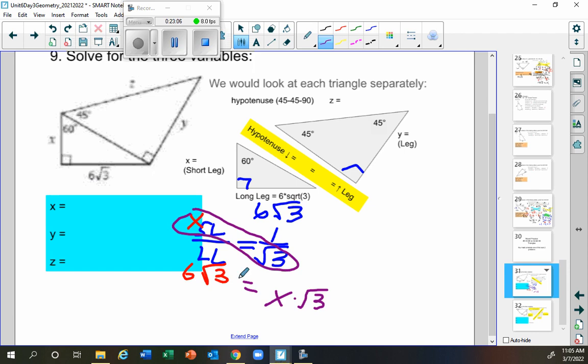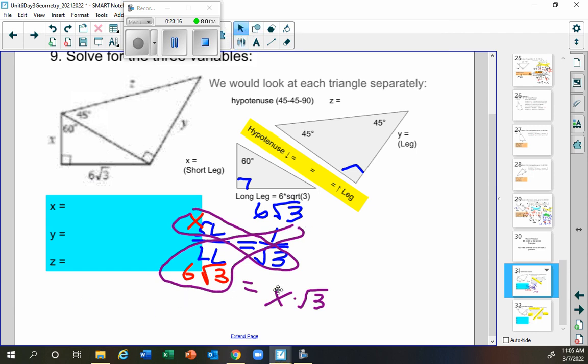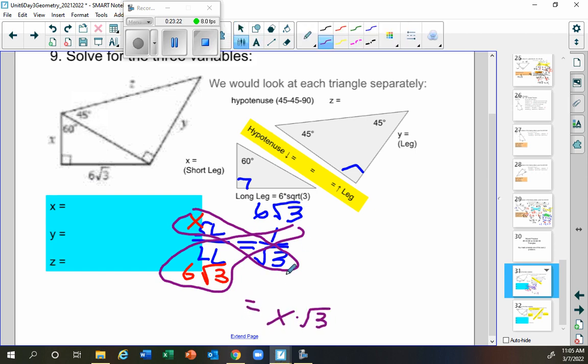But what is 1 times, what's 1 times 6 square root of 3? What is 1 times 6? What's 1 times this 6 times square root of 3?